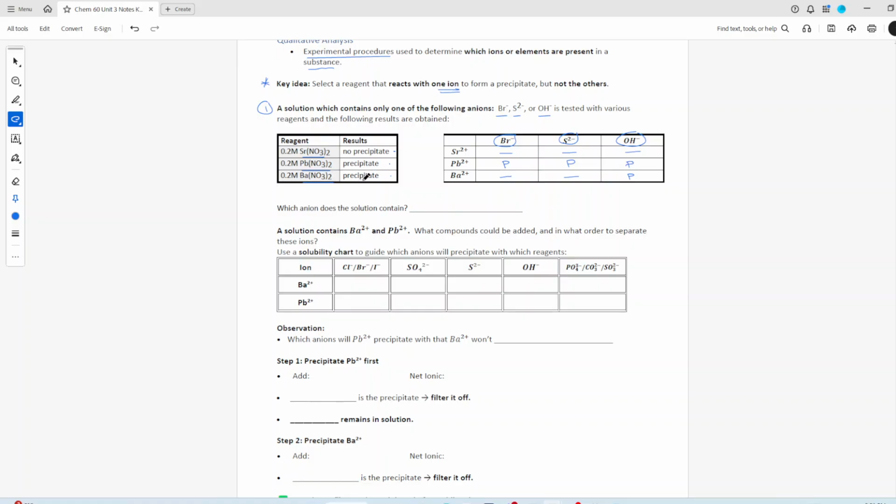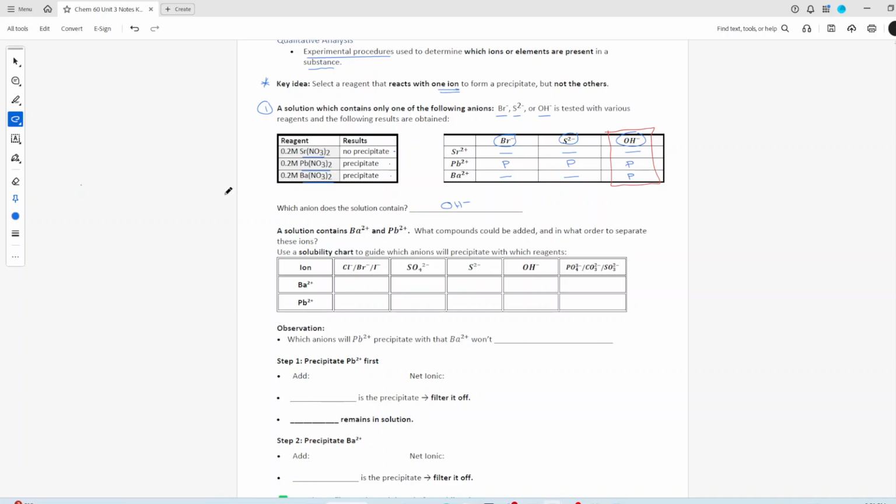You'll notice the only anion this could contain is hydroxide. It's the only anion that goes no precipitate and then precipitate. So that's the foundation of what we're going to be doing, and that's one of the things they can ask you.